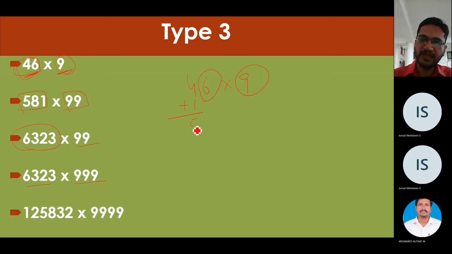Now I will subtract 5 from this 46. Now when we subtract 5 from 46, I will get 41.